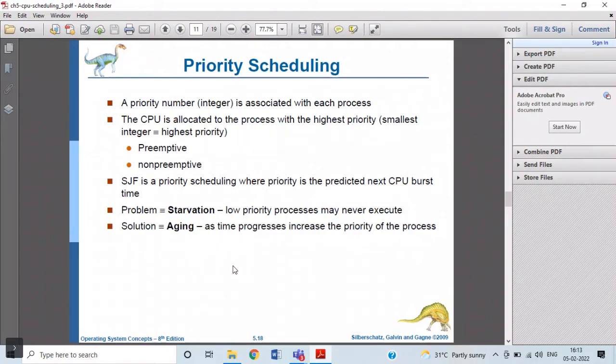That is, we have to check whether a process is waiting for a long time or not. Sometimes the processes will not stay at 10; processes keep on coming to the processor. If only high priority processes keep executing, when will the low priority ones execute? So it will wait for some time and then only change the priority of the process so that the low priority processes will also execute after some time. That is called the aging process.